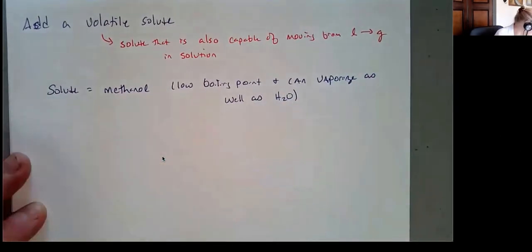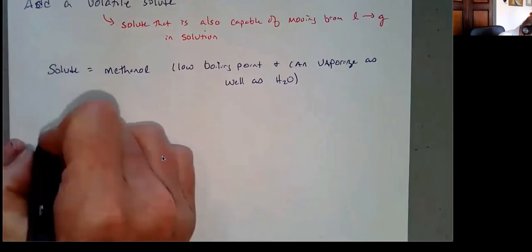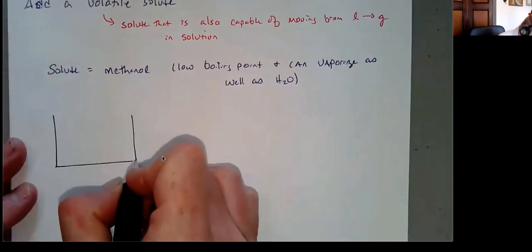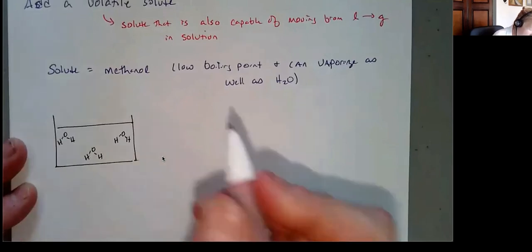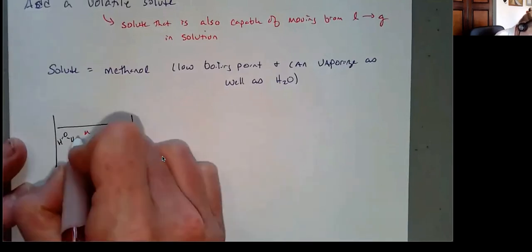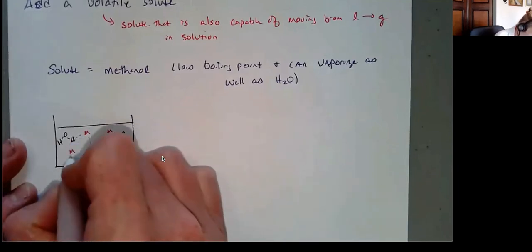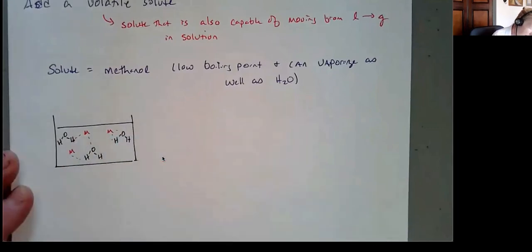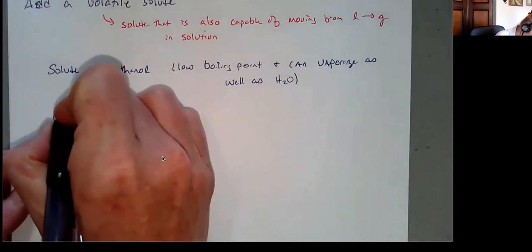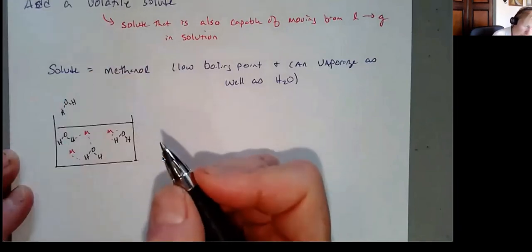So now I have my flask here, or my beaker, and my solvent here is water, but now my solute is methanol. And methanol is going to form these intermolecular forces with water here. And above my liquid, I'm going to have water molecules. That would be my vapor pressure of water.